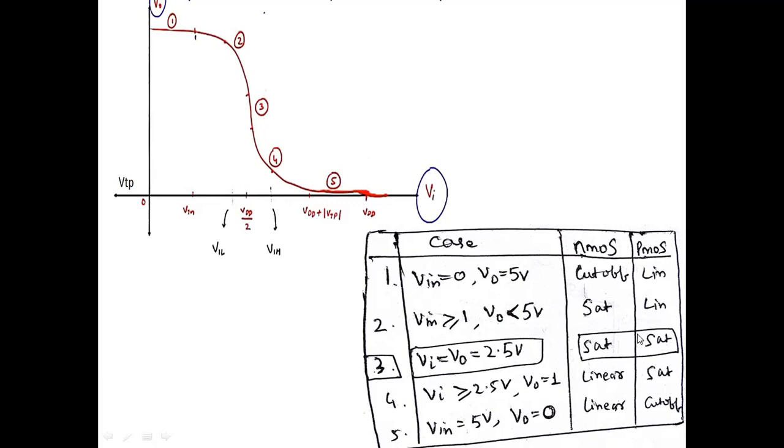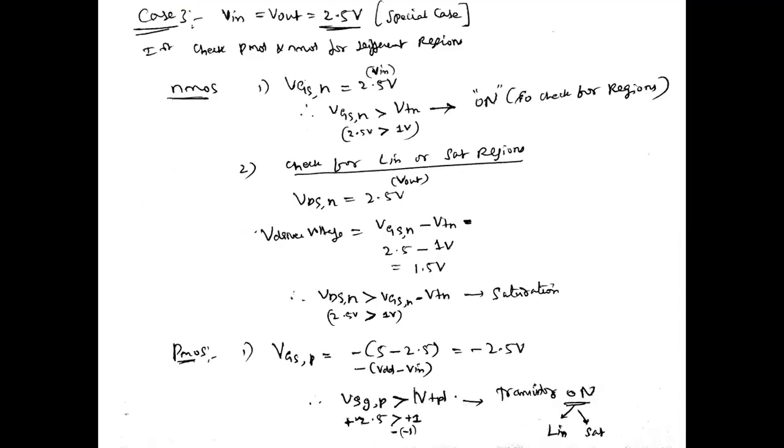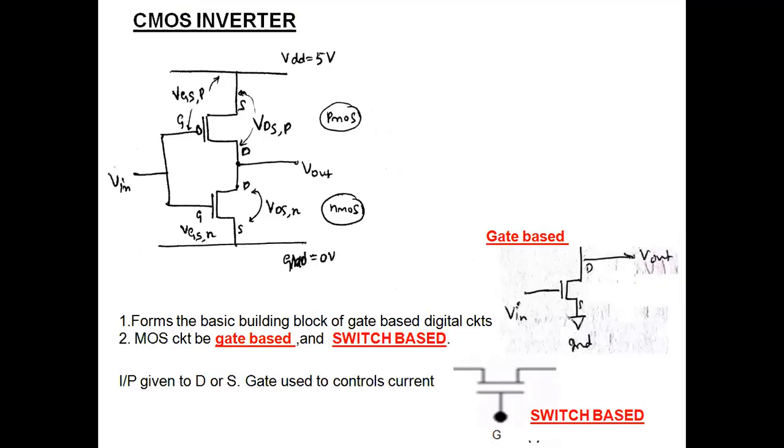Here we have a direct contact between the PMOS and the NMOS, since both these devices will be on, hence a direct contact between the high potential and the low potential.